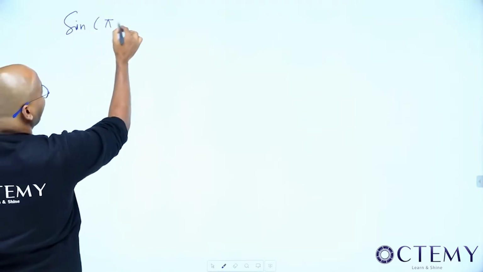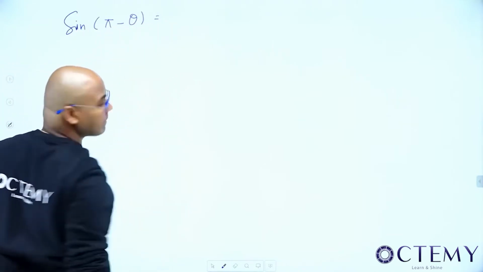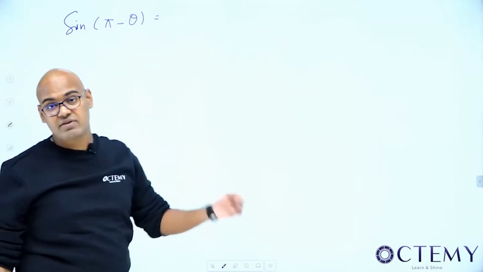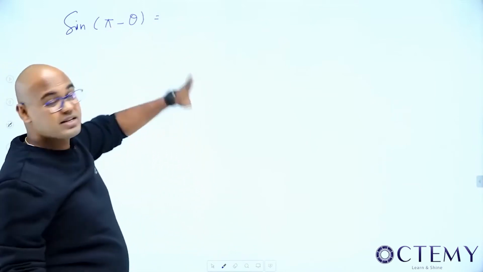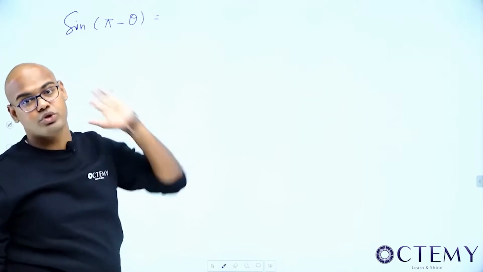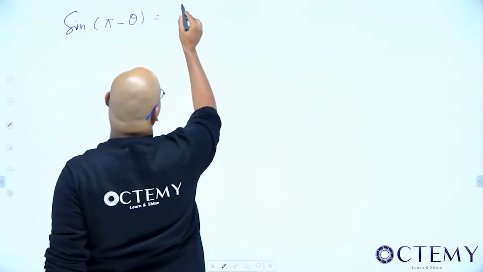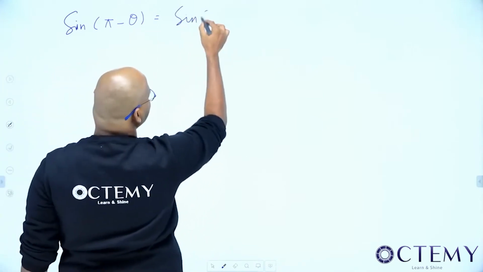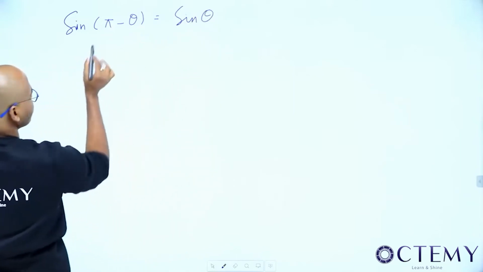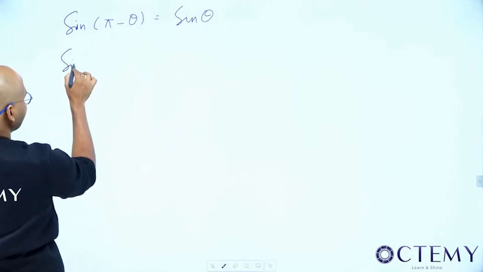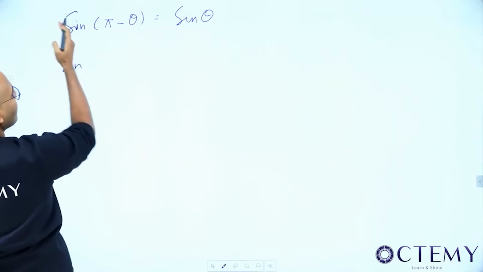What is sine pi minus theta? All silver teacups. Pi minus theta is in the second quadrant, where sine is positive. At pi, sine will remain as sine, so sine theta. I'll just readjust this. See here, I will take 2 common.